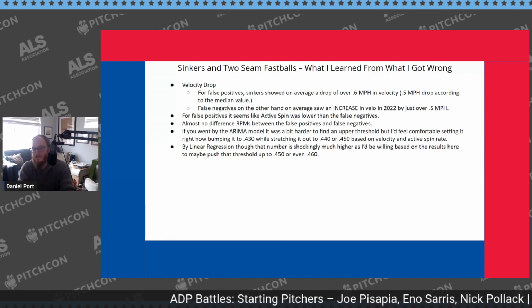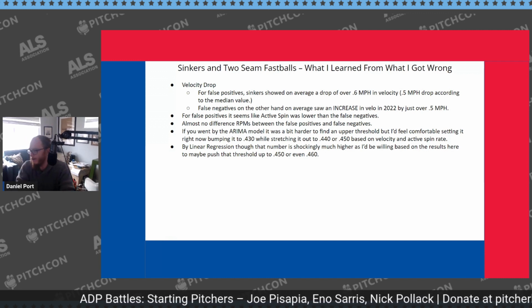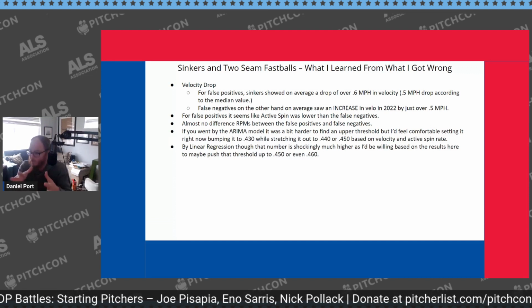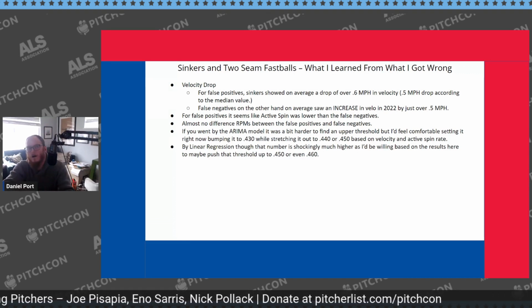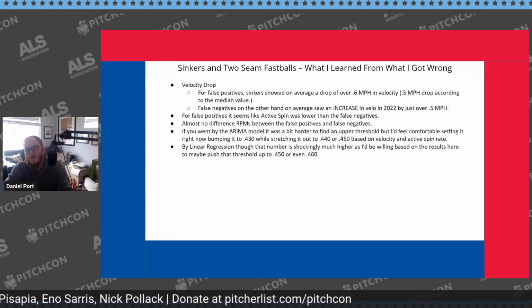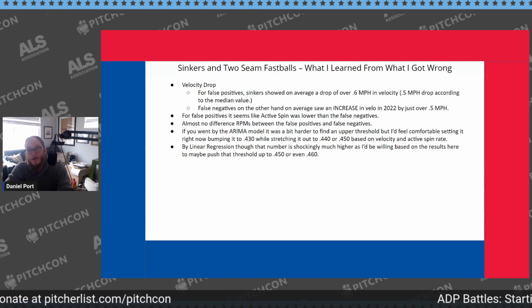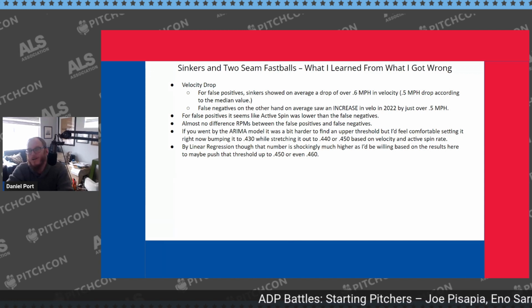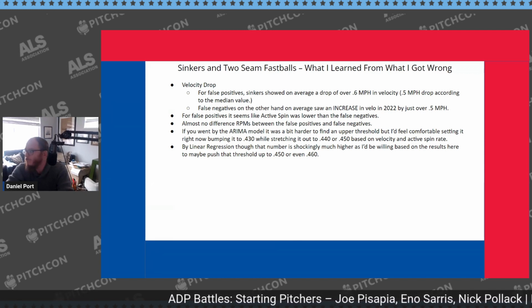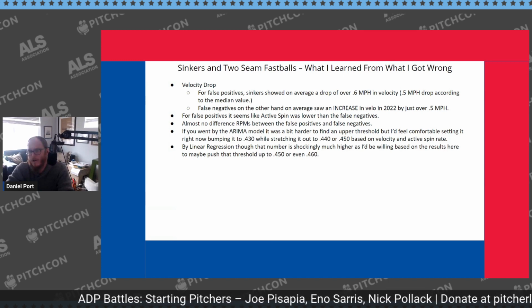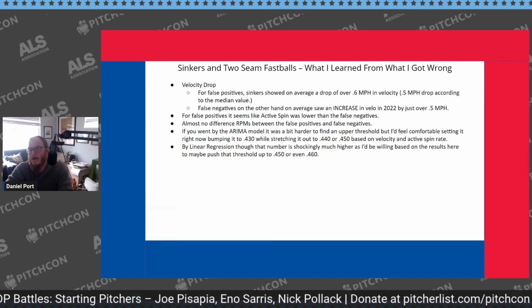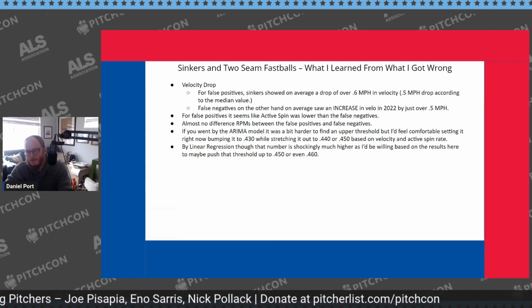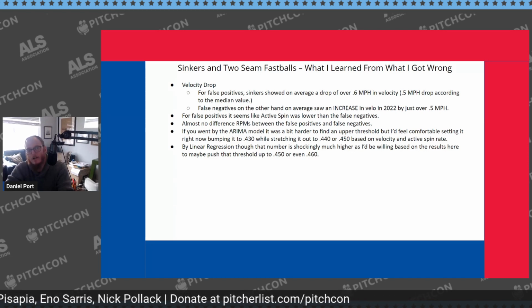Even if you were in the right OLR range, meaning you were throwing in the zone the amount I would want to see from you as a sinker thrower, when I saw that in that range and got it wrong, those sinkers showed on average a drop of over 0.6 miles per hour in velocity. So over half a mile per hour in velocity here, right? And if you look at the median as opposed to the average, that was 0.5.